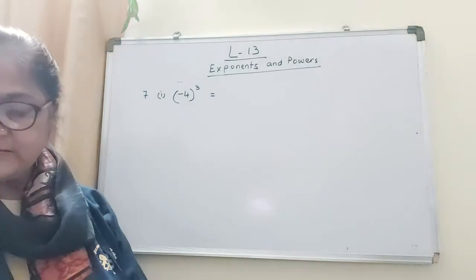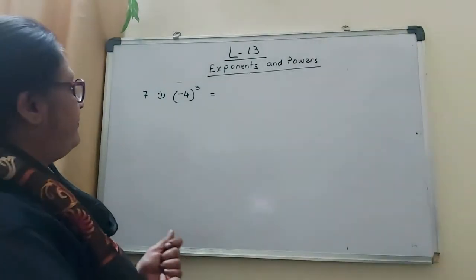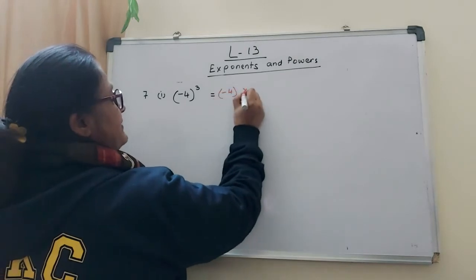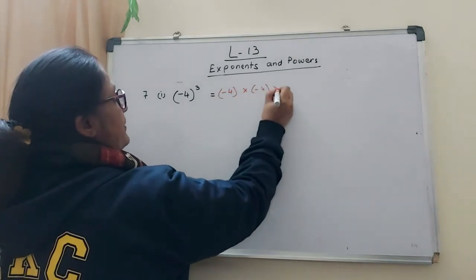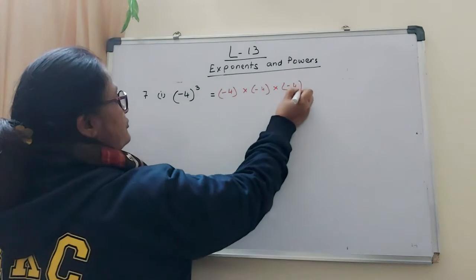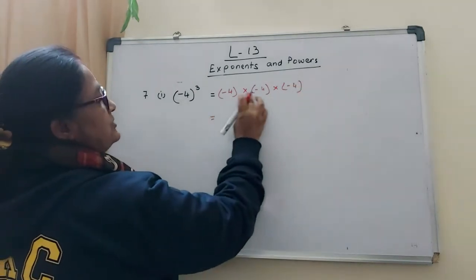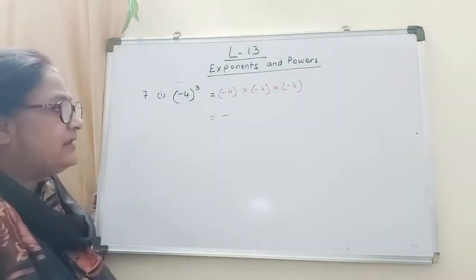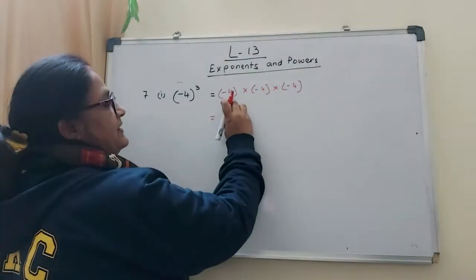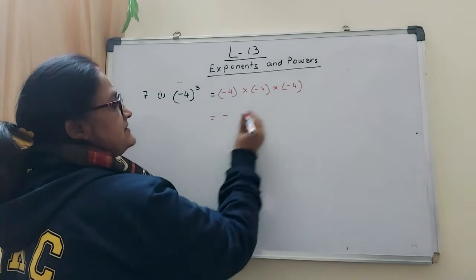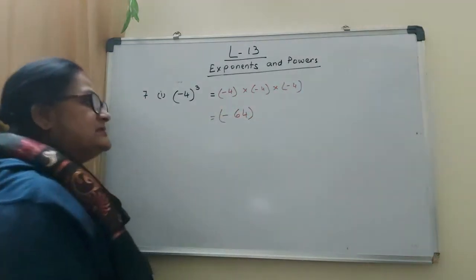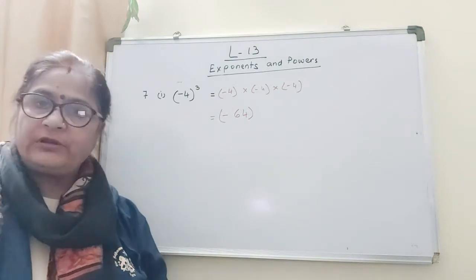Now we can write the answer in this form: -4 multiplied by -4 multiplied by -4. Now, since there are 3 negative numbers, your answer is going to be negative. Now do the multiplication. 4 fours are 16. 16 fours are 64. So your answer is -64 here.